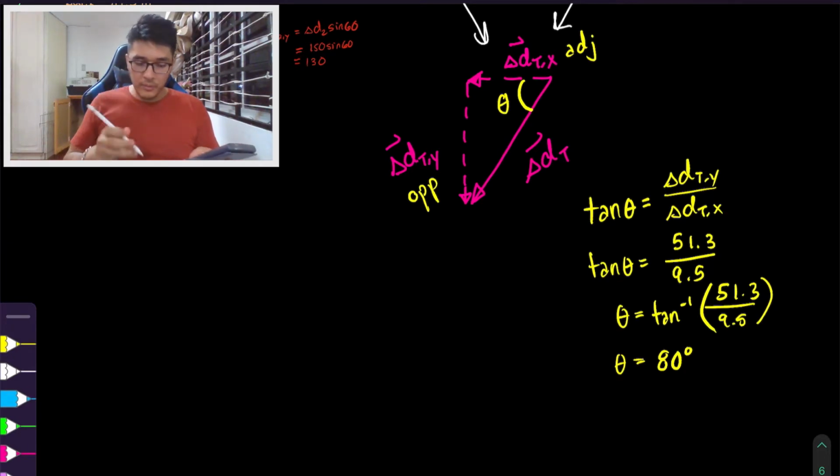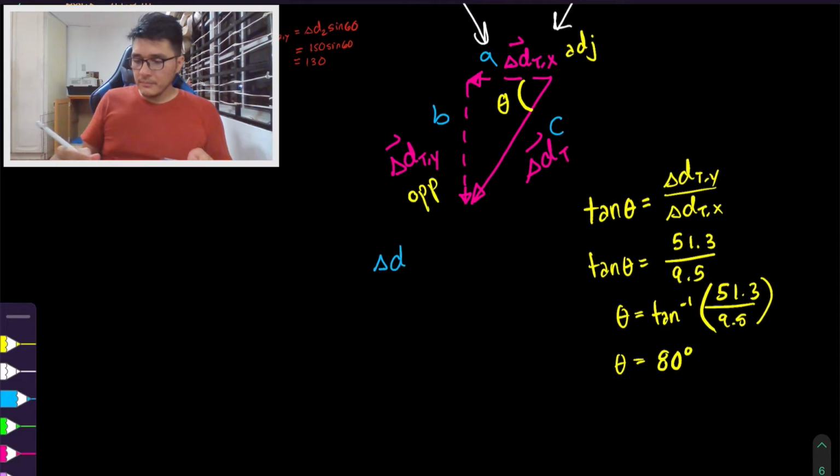And now we want to use Pythagoras to find the hypotenuse, so we're going to use CAB. So delta D total is just the square root of the sides squared and added together.